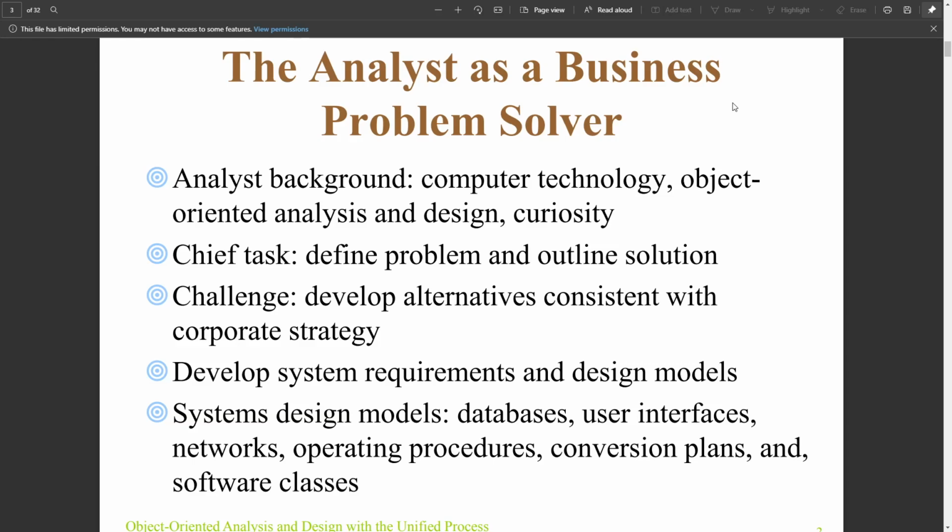The system design models include the following: the databases, user interfaces, networks, operating procedures, conversion plans, and software classes. Basically here, the systems analyst is the architect of the software, if you compare it with an actual architect designing a house. Parang ganun lang, software lang sa atin. Okay?